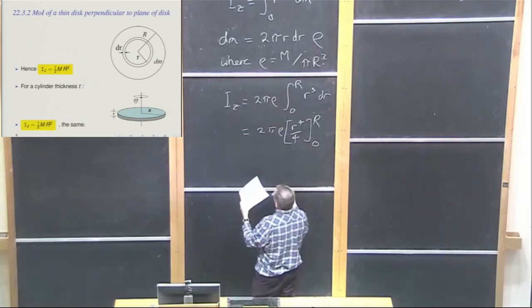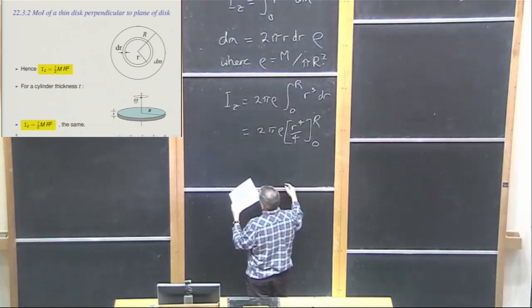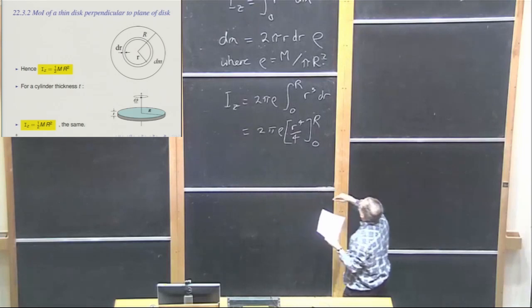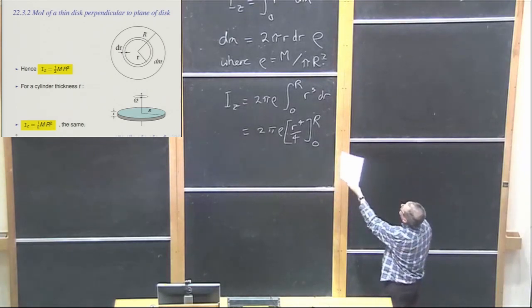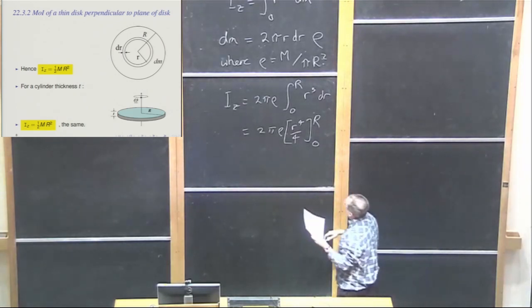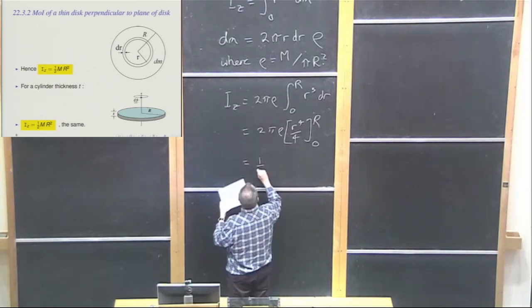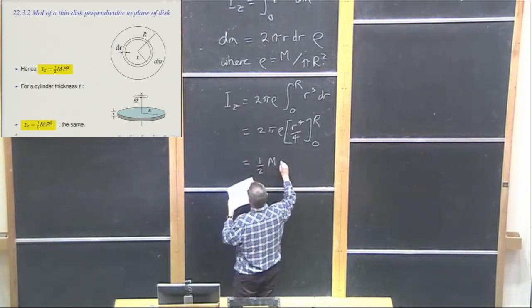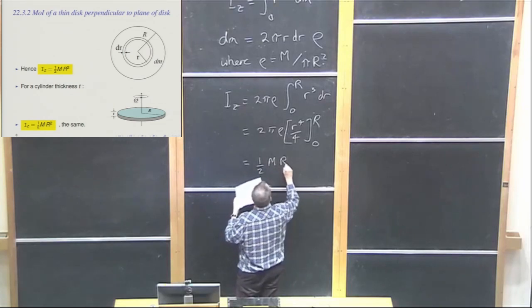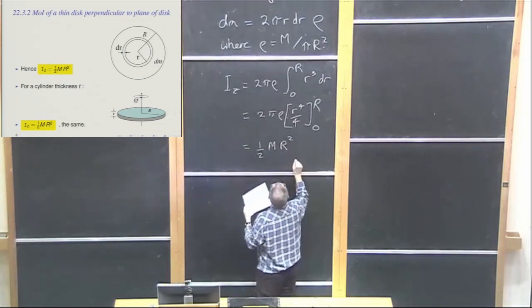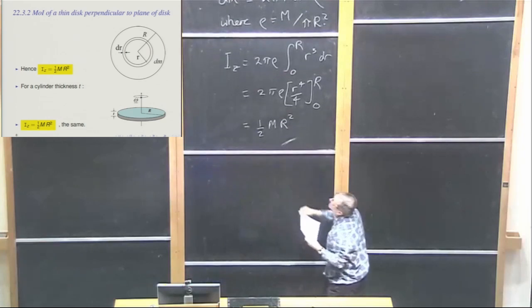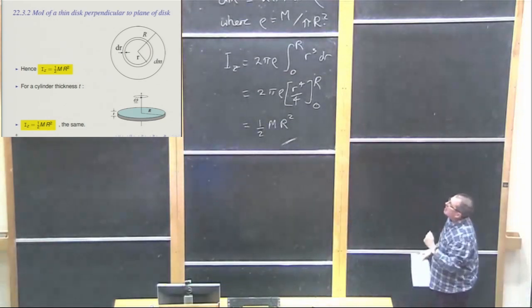Then substituting in the limits and substituting back in for rho, we get this to be a half big M R squared. So that's a two-dimensional disk.